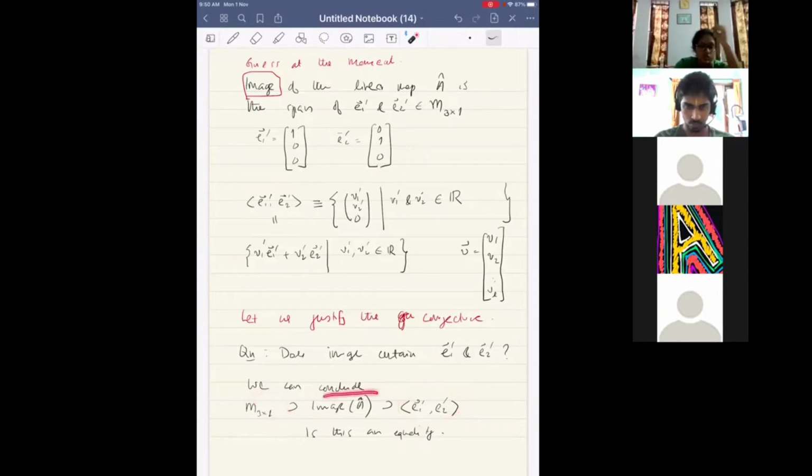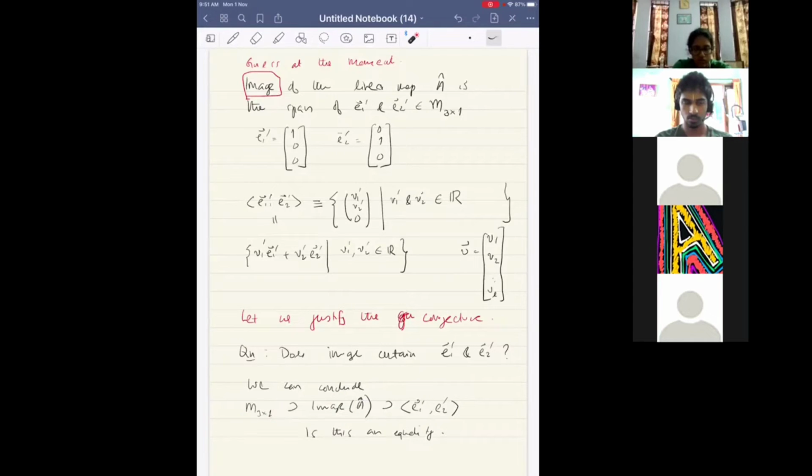If this is not an equality, then this would have to be equal to this, because the dimension of this must be an integer which is either 2 or 3. If it's not 2, it must be 3. So which means this is a subspace of this with the same dimension. So this would be an equality, in which case this must contain E3 prime.